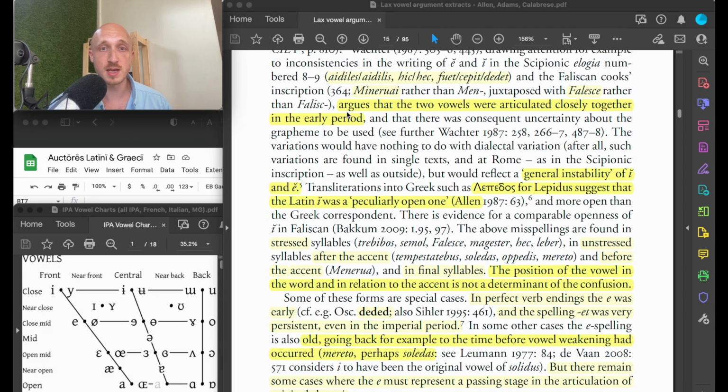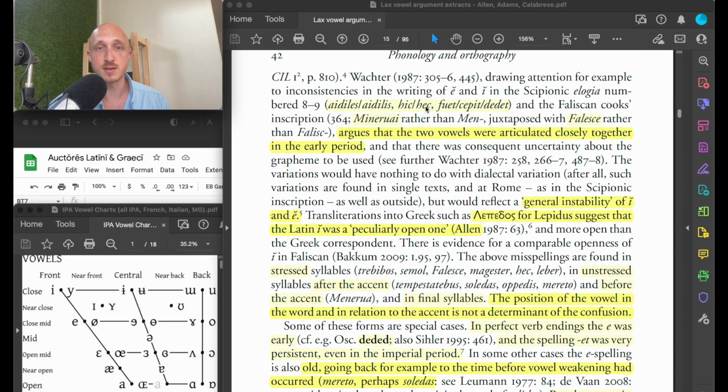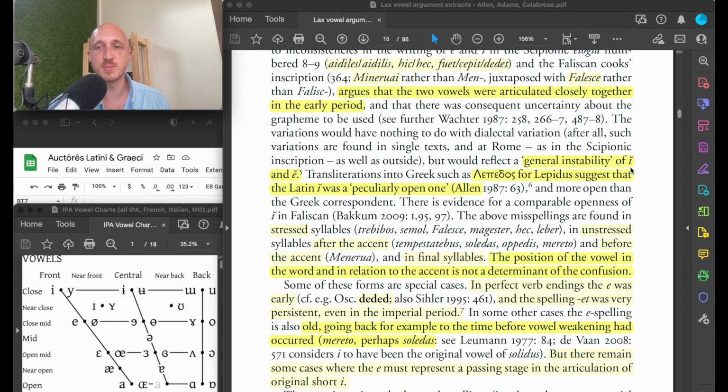The alternative is that the two vowels were articulated closely together, as is argued here. General instability of E and E. Now, that general instability makes a lot more sense. A general instability that could be real, or it could be because E and O in certain positions were closing to E and U, and therefore scribes were simply not sure which one to use and would use a fake archaic spelling.